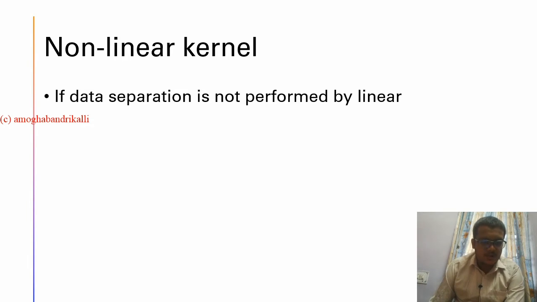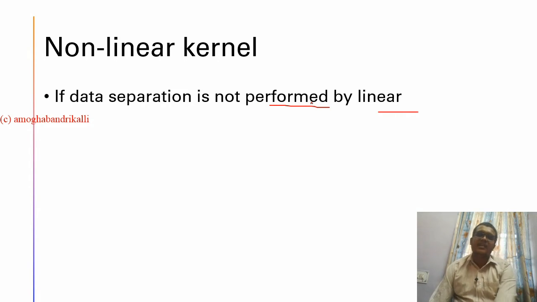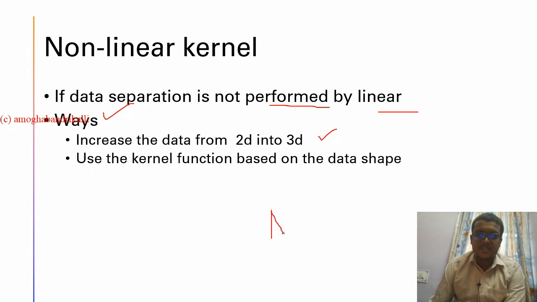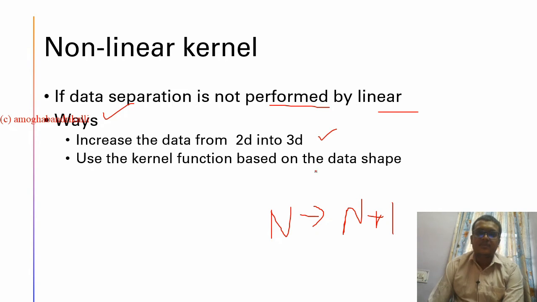If data is not separated by a straight line, we have two ways. Increase the data dimension: if the dimension is n, increase it to n plus 1. If the dimension is 2, increase it to 3. This is the first option. The second one is to use a kernel function based on the data set.